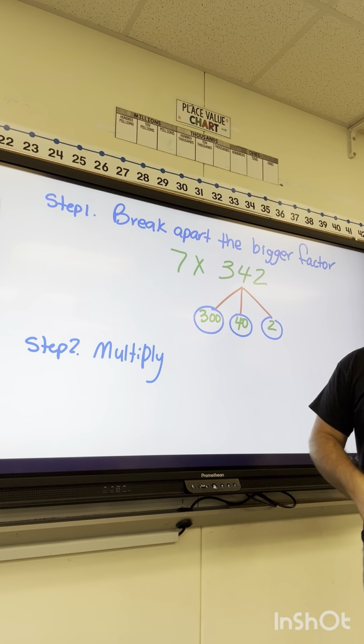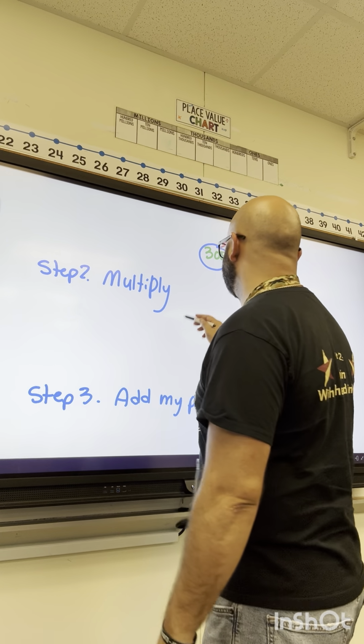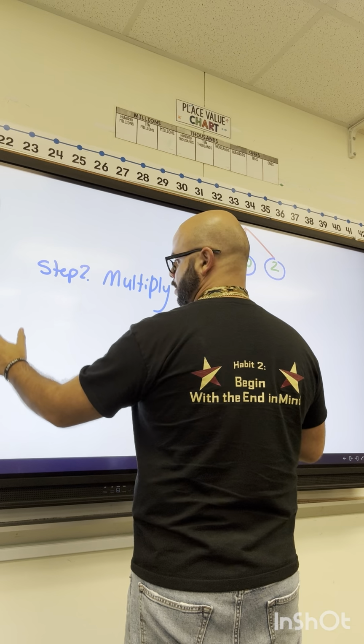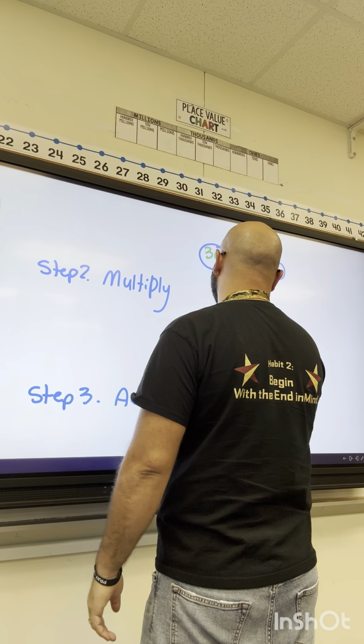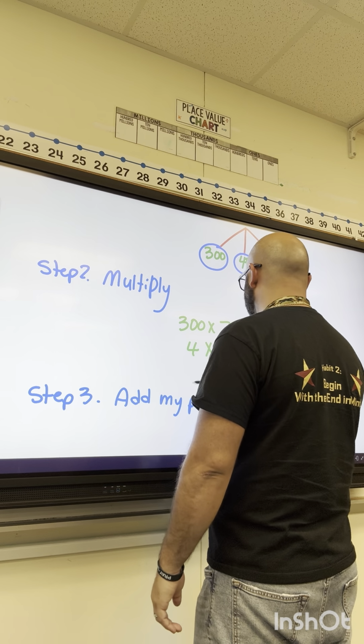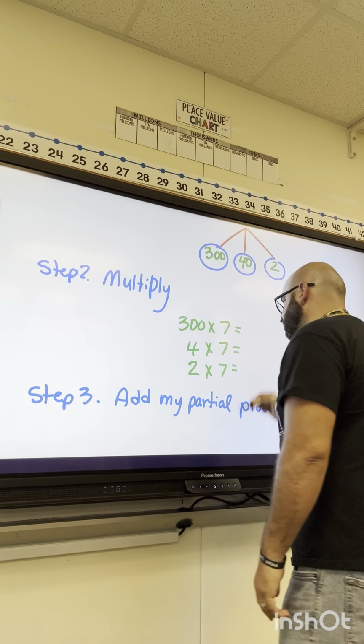We have 342. Step number 2, again, every number you see here is going to take a turn with the 7 now. 300 times 7. Then we have 40 times 7. And then we have 2 times 7. And we're just going to solve these.